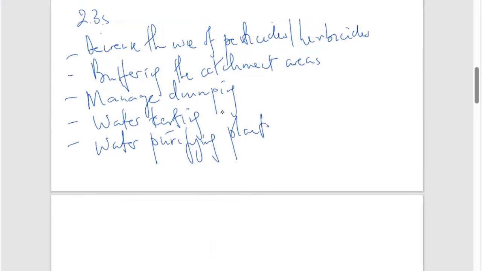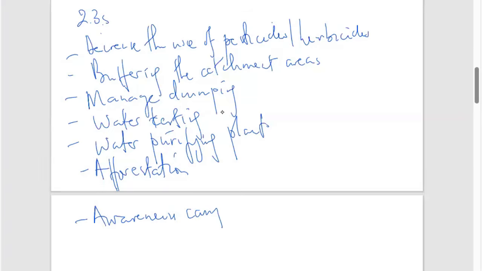And also we can look at afforestation as a way of trying to promote clean water. And most importantly, we can use education, awareness campaigns to conscientize the people about the need to conserve our water reserves and our water sources. Then we can also look at reduction of deforestation.